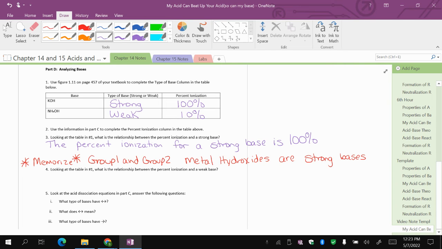And so for the weak bases, the percent ionization for a weak base is 10% or less. And you should know from before, you should know one of the weak bases we use a lot in class. You should know the formula and the name for ammonia.